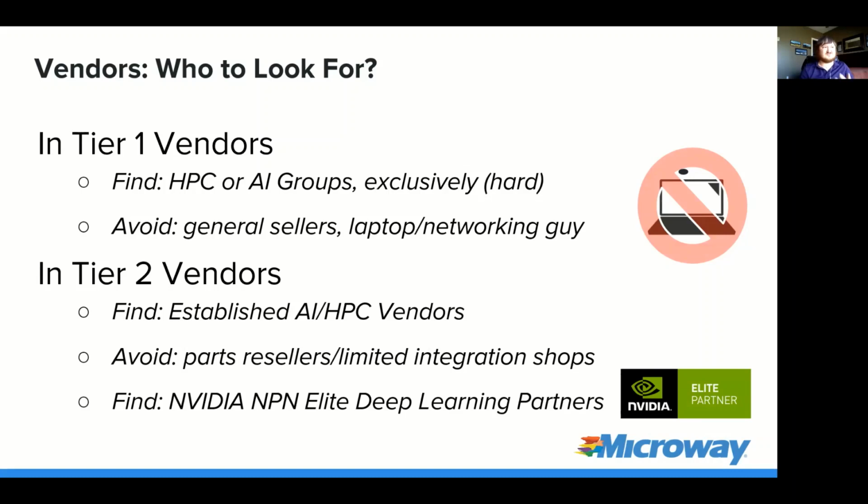It's not going to yield you any value. And similarly, to find established AI and HPC vendors, you can look for some qualifications inside of programs. For example, NVIDIA NPN Elite Deep Learning Partners, they're going to have specific AI expertise and specific experience in architecting systems for AI.